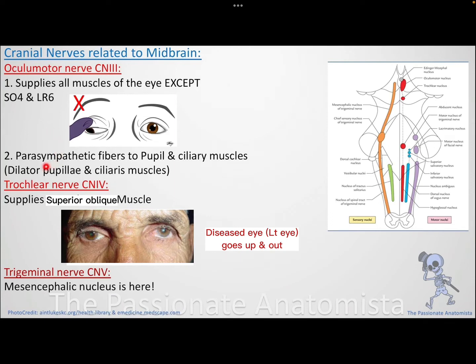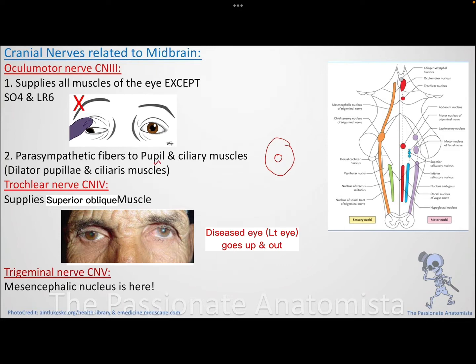Another thing that can happen if I have an oculomotor nerve injury is that the oculomotor has something called the Edinger-Westphal nucleus. It gives the parasympathetic innervation to the pupil and ciliary muscle.